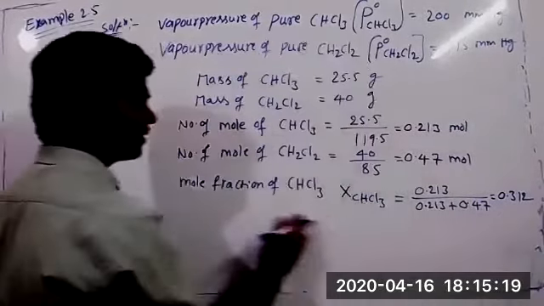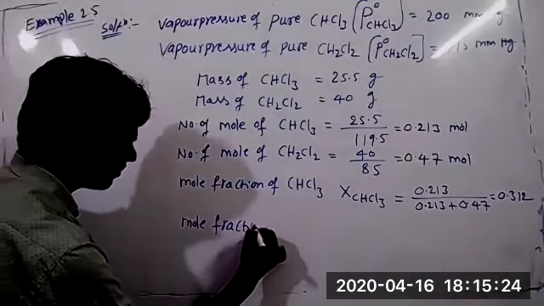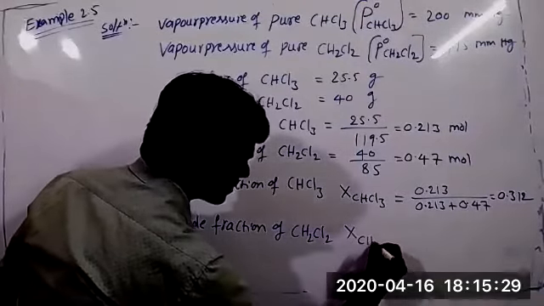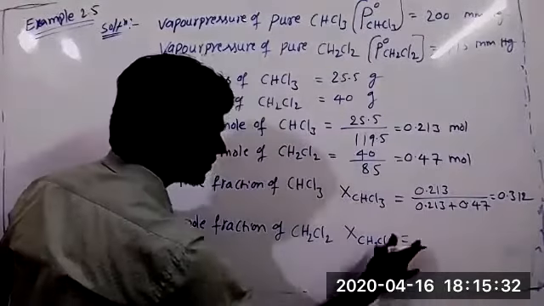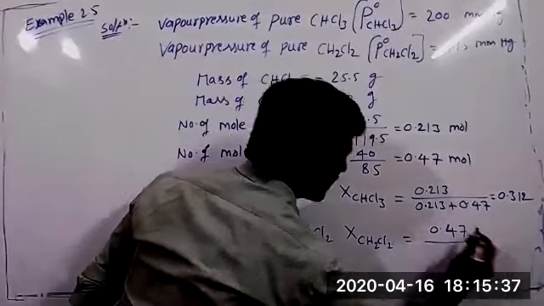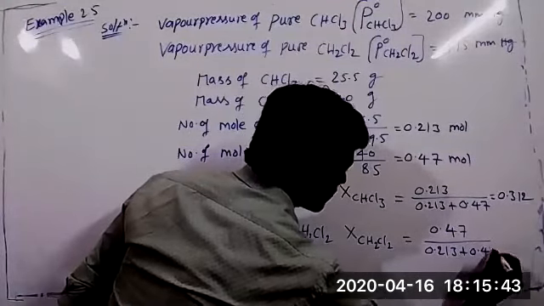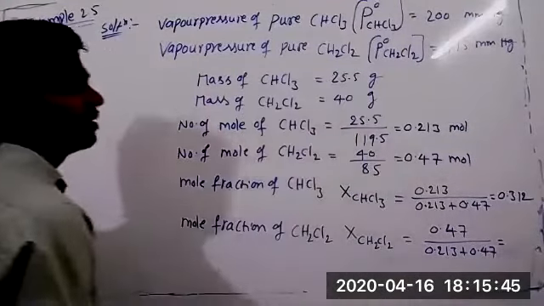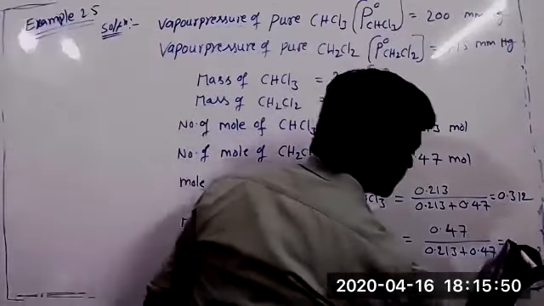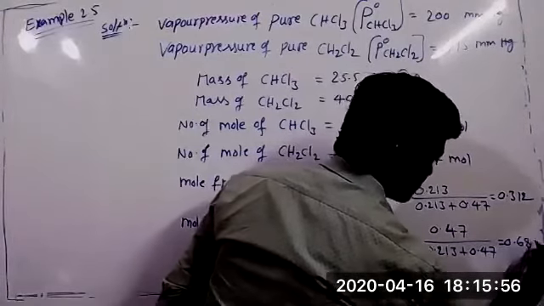This is mole fraction of chloroform. Next, mole fraction of dichloromethane CH2Cl2. Substitute 0.47 divided by total number of moles, 0.213 plus 0.47. It is equal to 1 minus 0.312, that is 0.688.